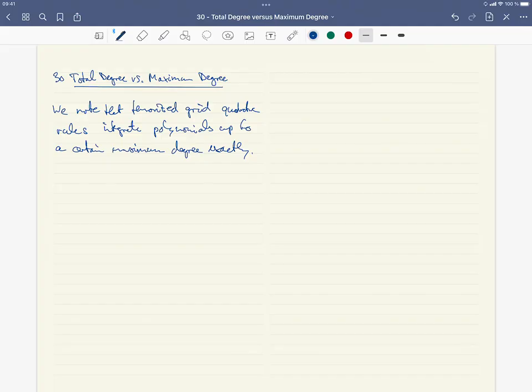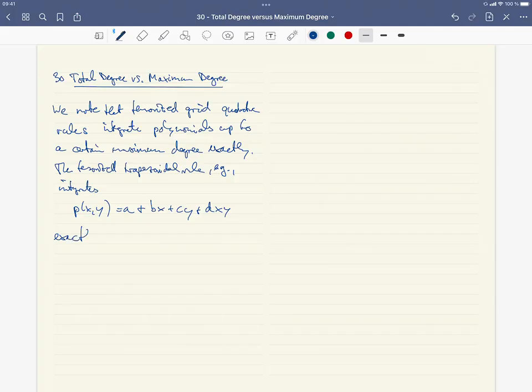What this means, so the tensorized trapezoidal rule, for example, integrates this one here, p of x and y, equals a plus bx plus cy plus dxy, exactly.